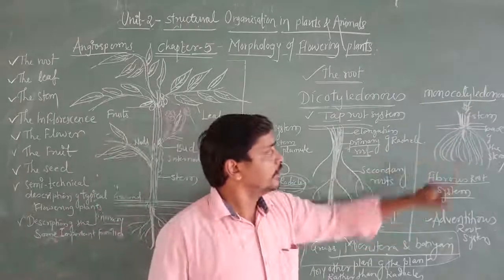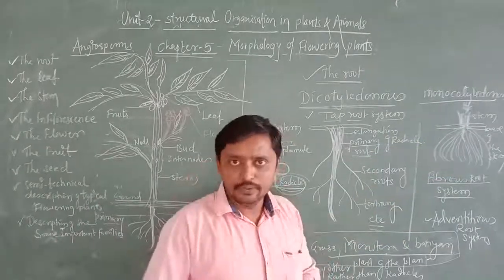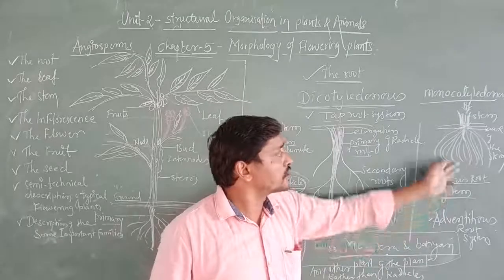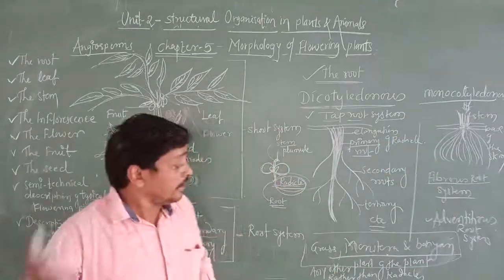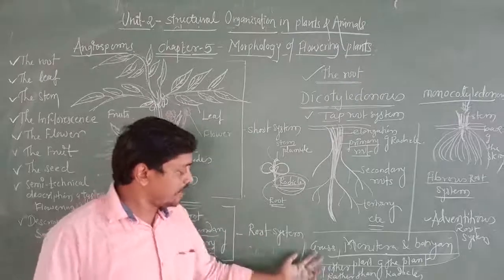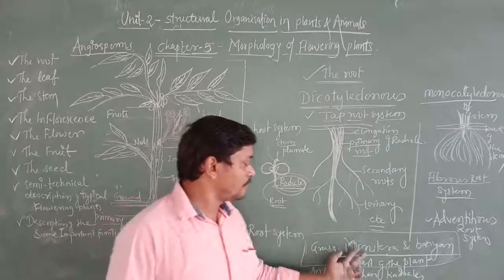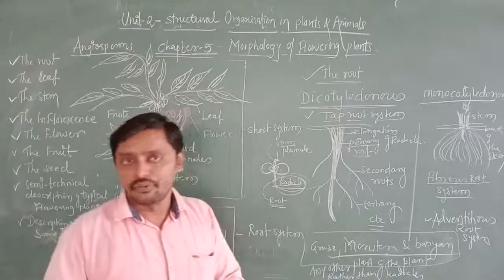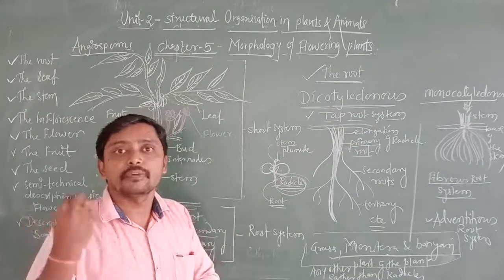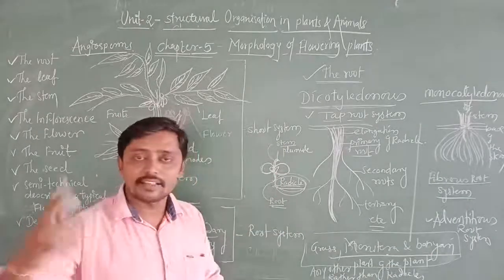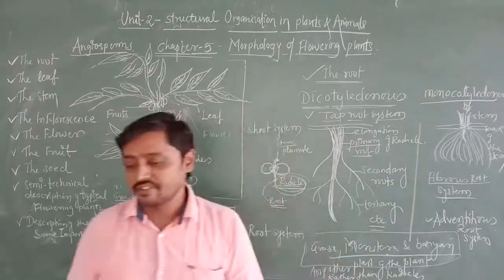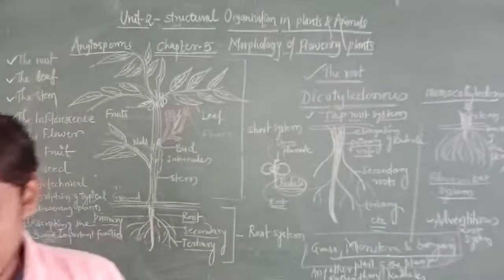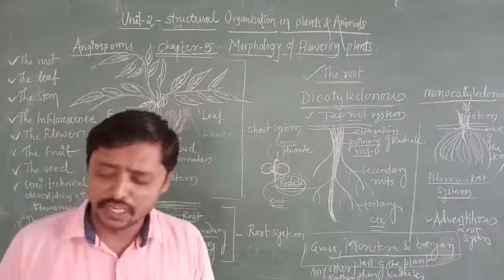In the second, the primary root is short-lived and many roots develop from the base of the stem, constituting the fibrous root system. Next, in examples like grasses, monstera and banyan, the roots develop from any other part of the plant apart from the radical, and that leads to the adventitious root system. These are the three types of root system you need to remember.